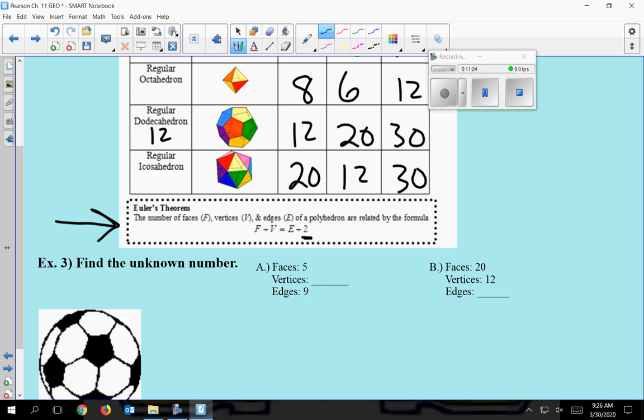So faces was 5. Vertices is what they want me to find. Edges, they give me 9, and I'm adding this constant 2. So I get 5 plus B equals 11. I'm going to subtract 5 from both sides. I get the number of vertices is 6. Once you try B on your own, see how you do, and then I'll put the solution up.